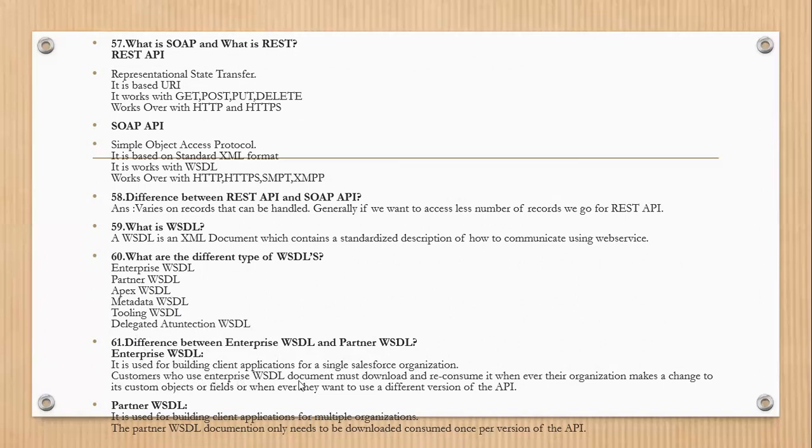Customers who use the Enterprise WSDL document must download and consume it again when the organization's metadata changes, such as a custom object or field, or when they want to use a different version of the API. Partner WSDL is used for building client applications for multiple organizations. The Partner WSDL document only needs to be downloaded and consumed once per version of the API.